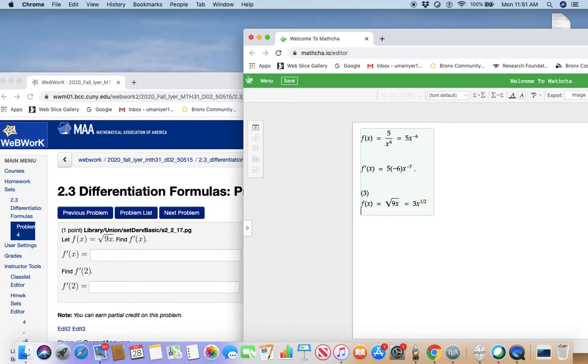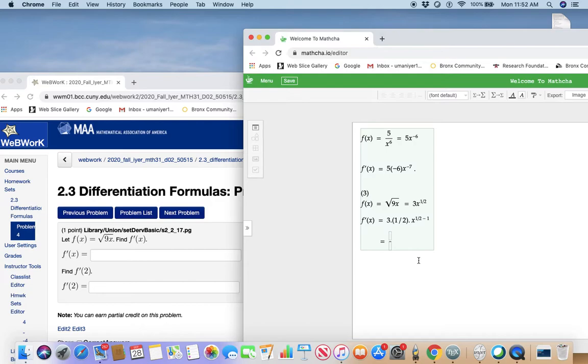You see? So what is f prime of x? 3 is a constant, 3 stays put, times the power comes down, 1 over 2, times x to the power reduced by 1, so 1 over 2 minus 1.